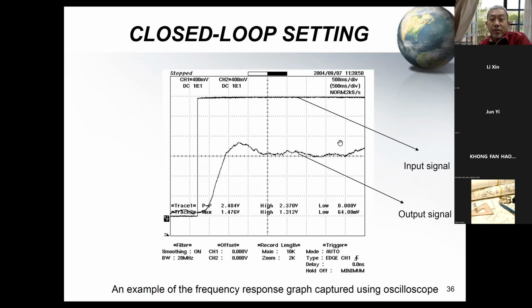Of course there are so many errors because we don't apply any controller, so there is a big error over here. That's why we have to apply a PID controller to reduce this steady state error and to improve the transient as well.